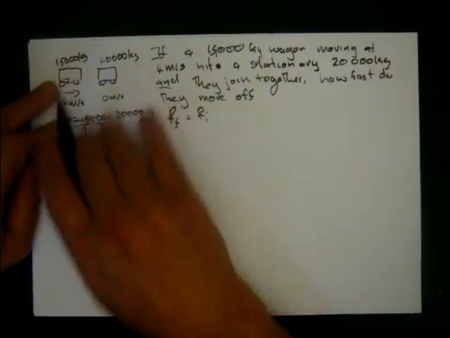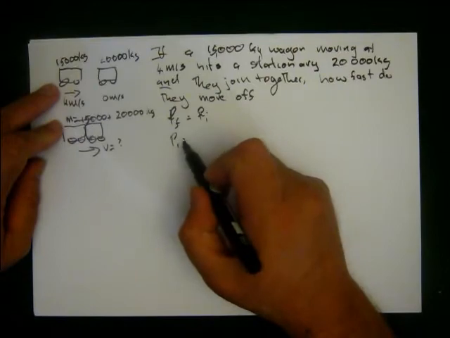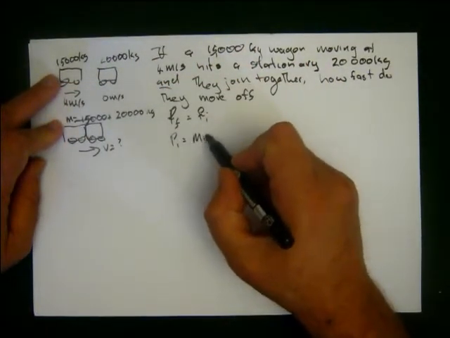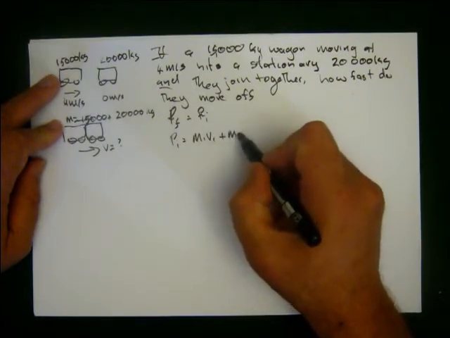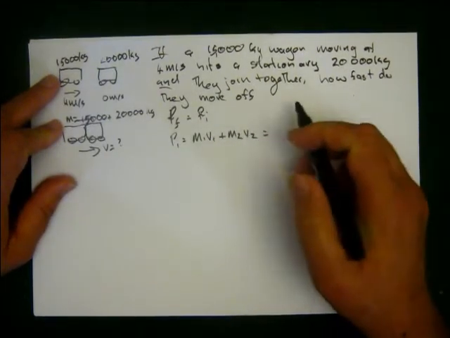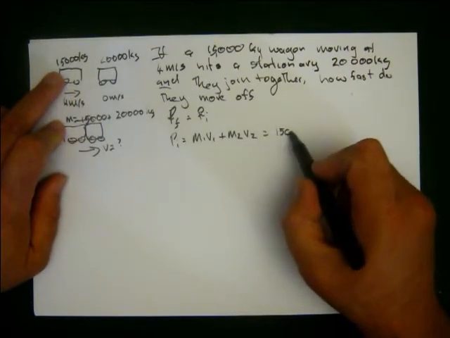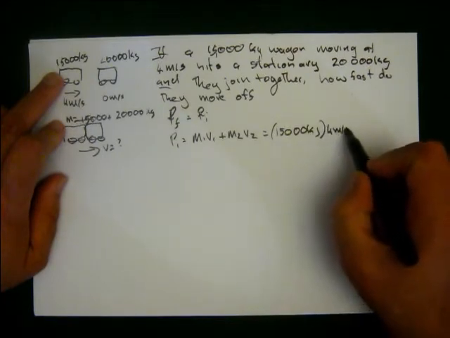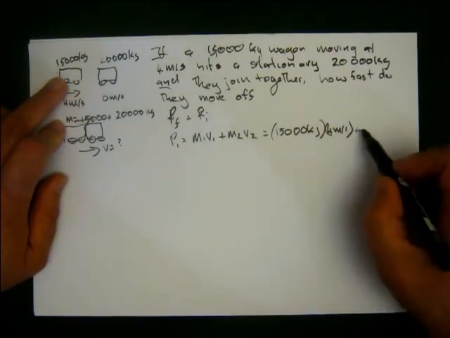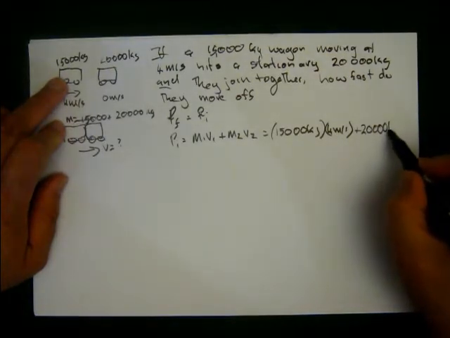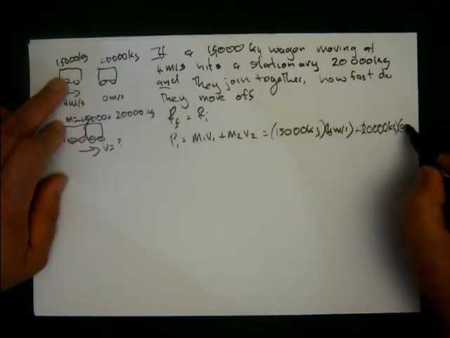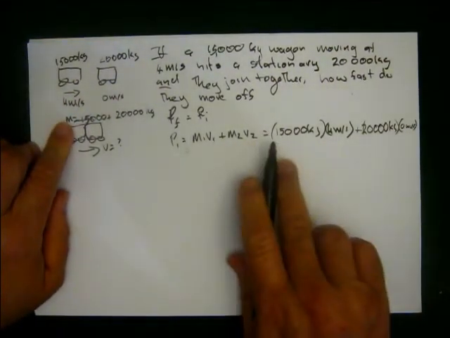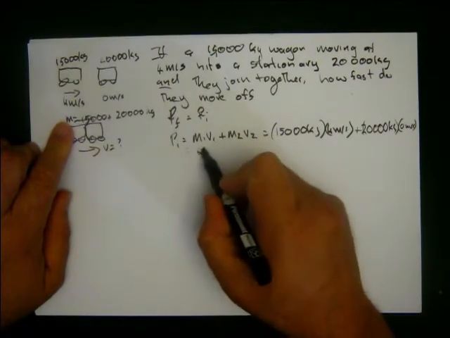The initial momentum, P_I, is going to equal P1 plus P2, so mass 1 V1 plus mass 2 V2, which is equal to 15,000 kg times 4 meters per second, plus 20,000 kg at 0 meters per second, equals 60,000 kg meters per second.